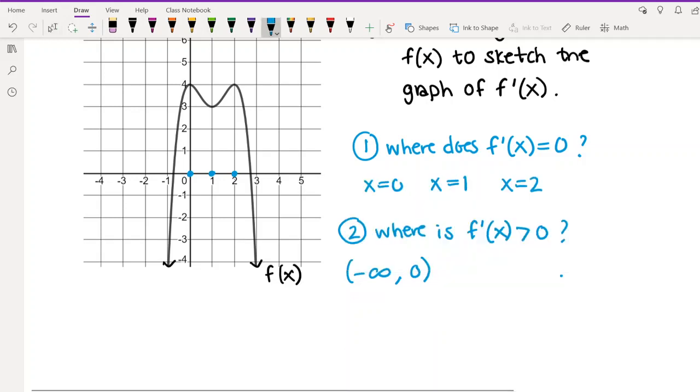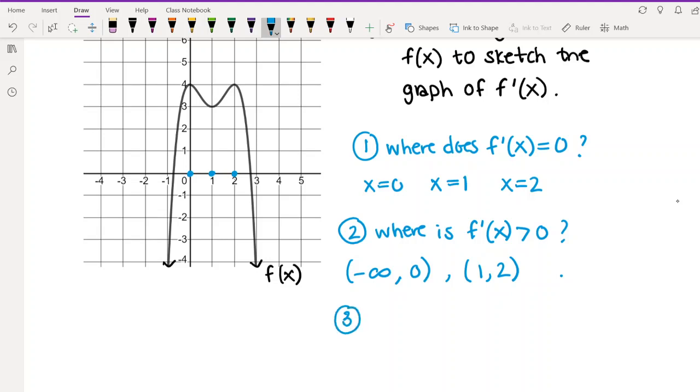And so when the original function is increasing, the derivative is positive. And so from 1 to 2, the derivative is going to be positive. And that's it, right? Here and here are the only parts of the graph that are increasing. And so those are the only parts where the derivative is going to be positive.